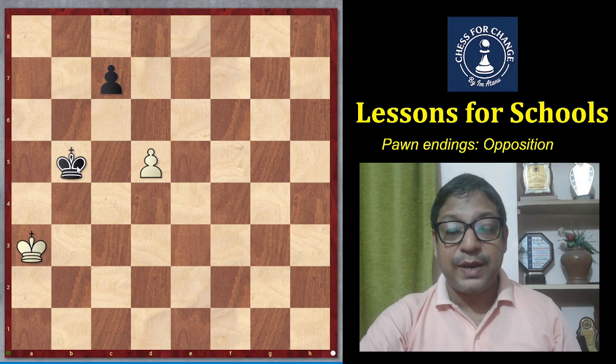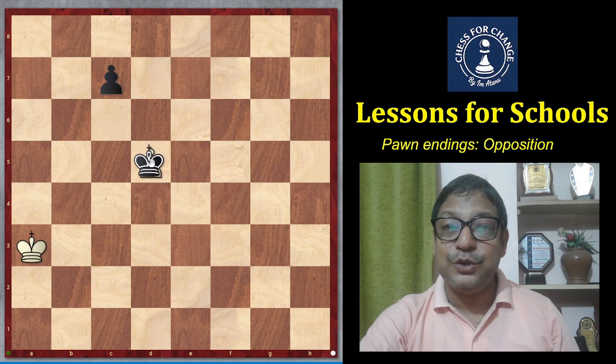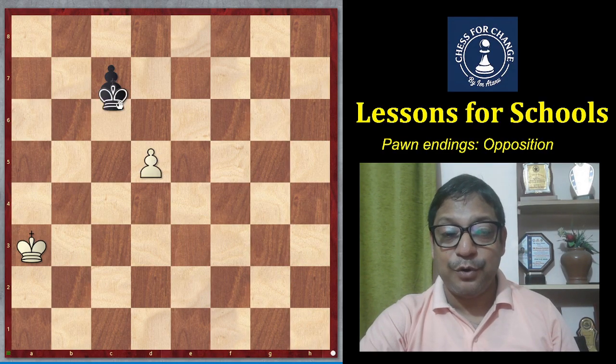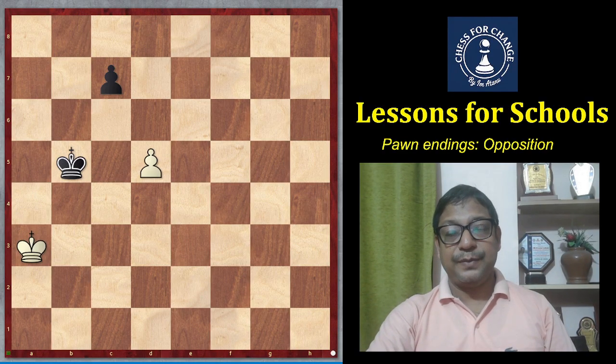Now, black is threatening to play this, win the pawn, and since the king is much ahead of his own pawn, black will be able to win with one pawn.